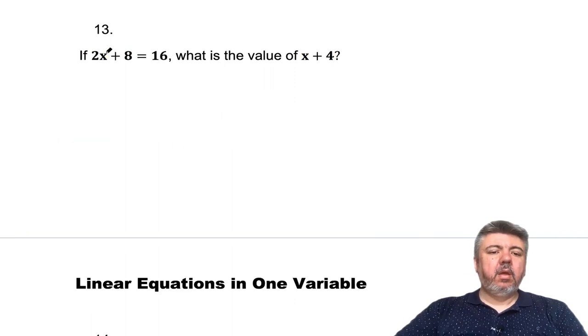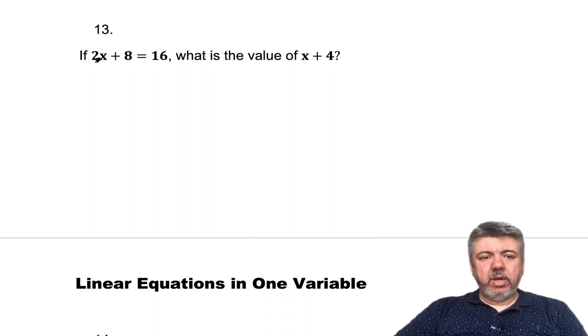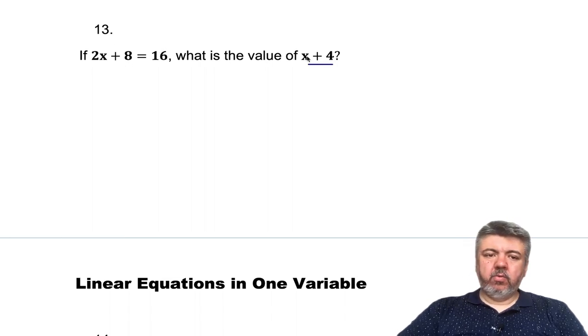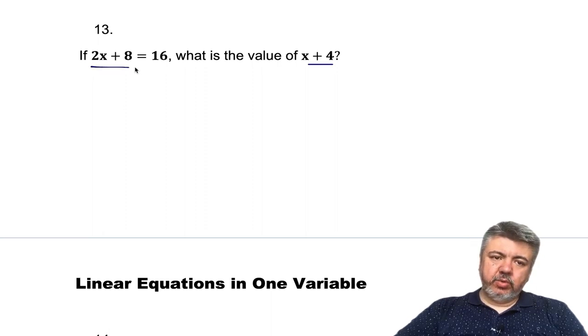Okay. In question 13, we are given 2x plus 8 is 16, and we are supposed to find x plus 4. Okay, we can either find x, or we can do this one. Divide by 2 on both sides.